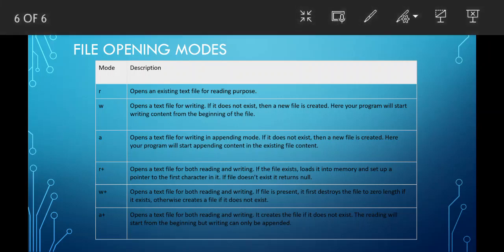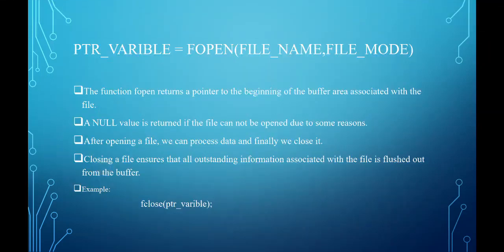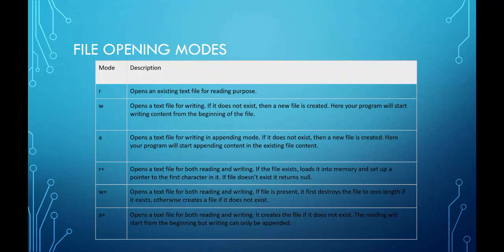Lastly, the file mode. The file mode represents the mode in which we can open the files. One is R, reading mode, which opens existing text files for reading purposes. We can only read the file using it.